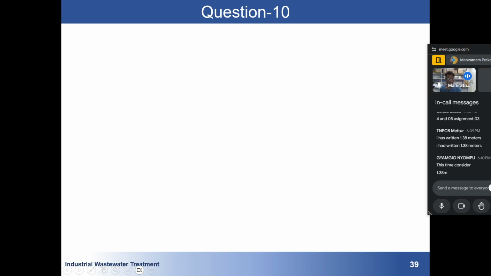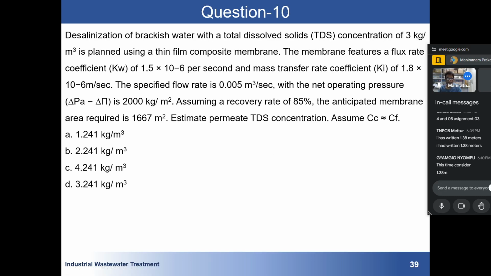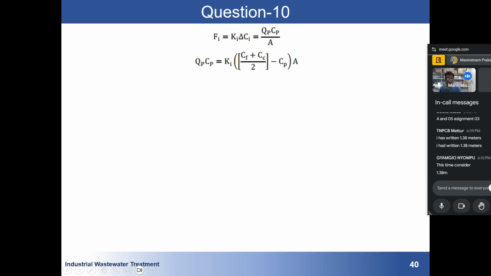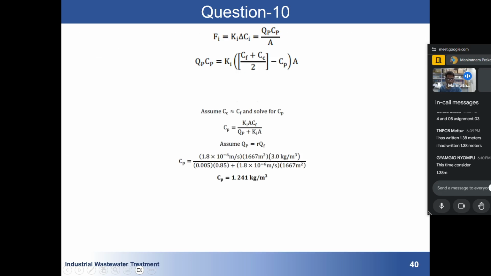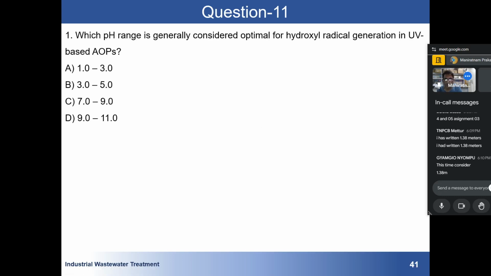The efficiency, you can see, was 85%. The recovery rate is 85%. That's why we have multiplied it by 0.85. Plus Ki was given and area was also given. We have put all the values and found this. I hope this is clear to you.